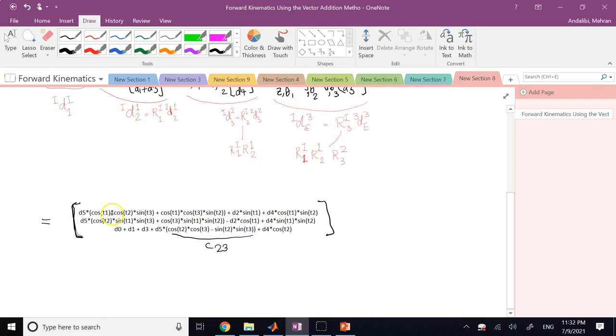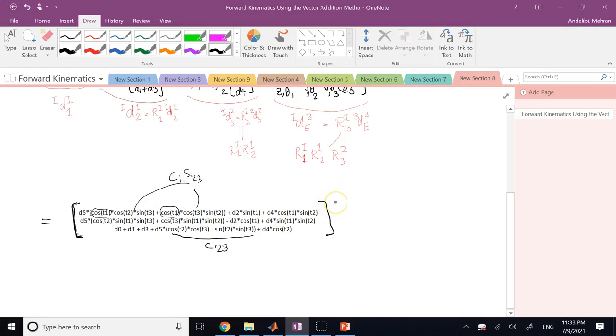And then when you have, for example, here, this you cannot write much about it. Not that you can't, because if you factor out cosine of theta 1 out of it, the remaining of it looks like S23. So it is like C1 S23.